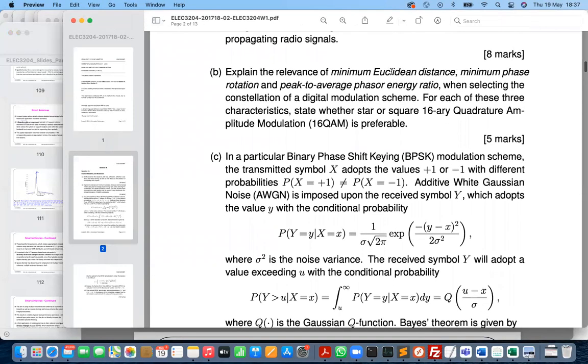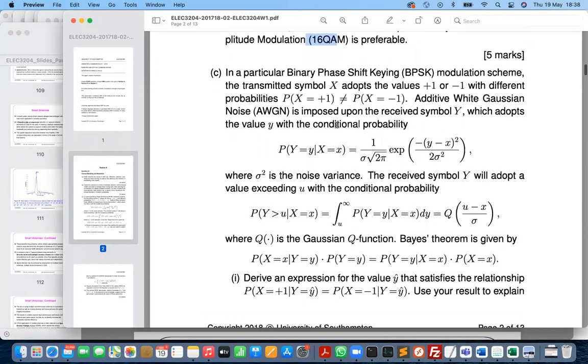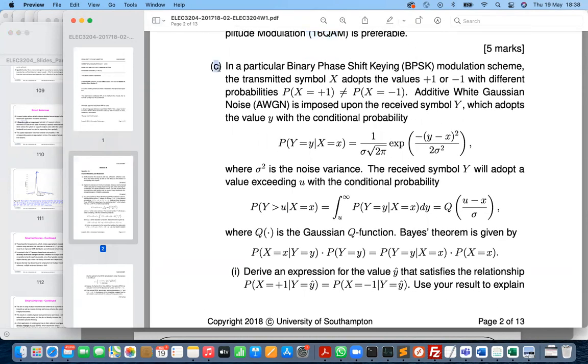The second one is the relevance of minimum Euclidean distance, phase rotations, and peak to average power ratio, and calculate them for 16 QAM. I have gone through that before already. So that's that. So C is a more tricky question, but actually I have already offered all the equations you need in here. So you only need to expand based on this.